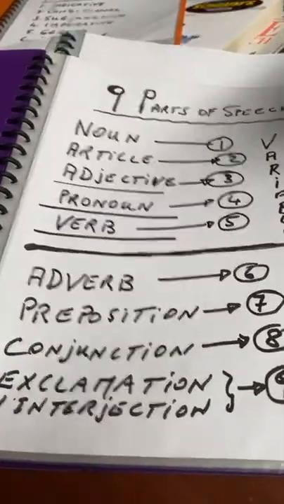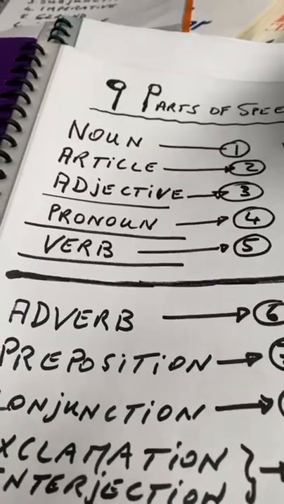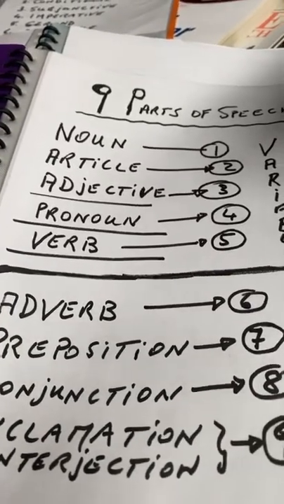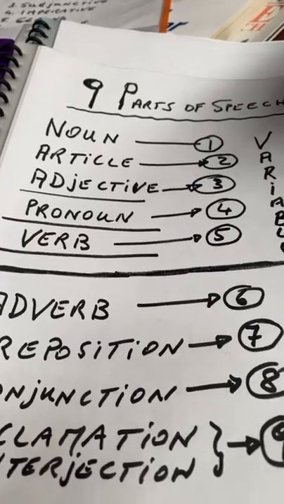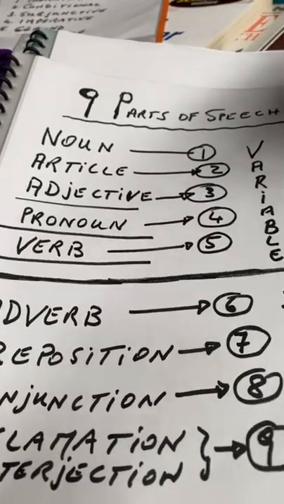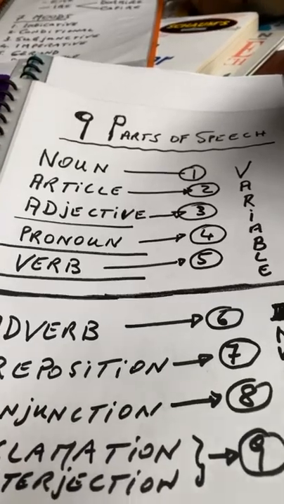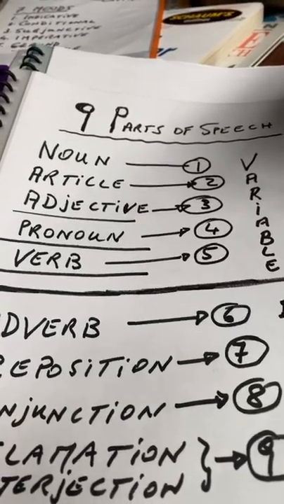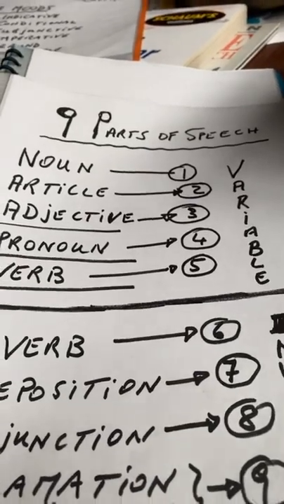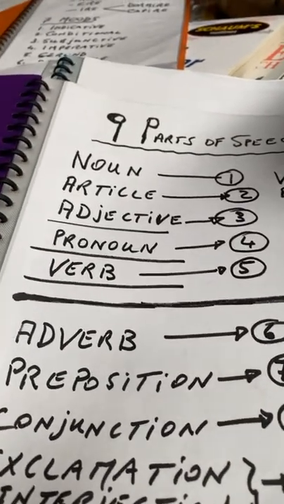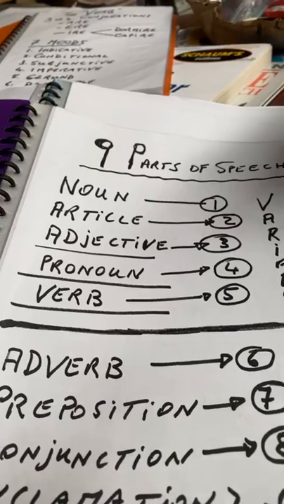9 parts of speech. So there's the noun, which are the words, the article, the or a, definite and indefinite articles, the adjectives, the red pen, the intelligent person, the word that gives a quality to the noun, gives it an extra quality.